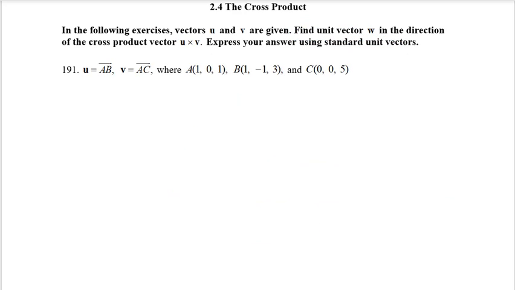I'm going to show you how to do the cross product and the unit vector for this on the calculator, but first we do have a little bit extra work on this problem because we need to find the vectors u and v. Now vector u is from A to B, that's here, so that's going to be 1 minus 1 and negative 1 minus 0 and 3 minus 1.